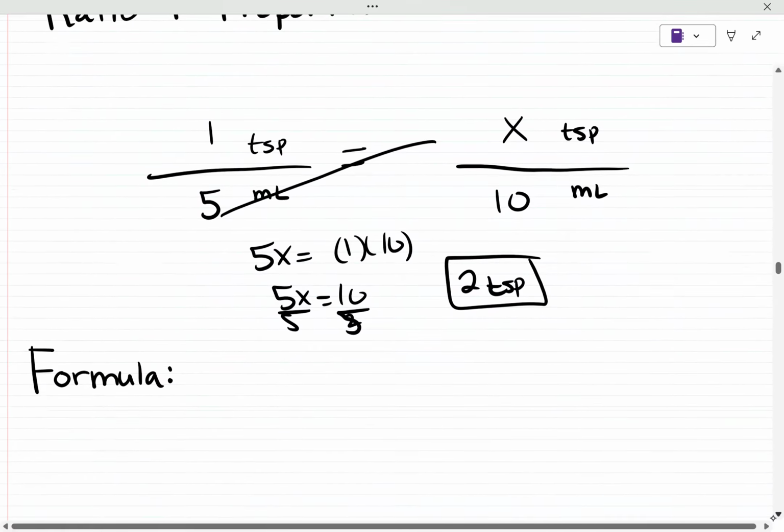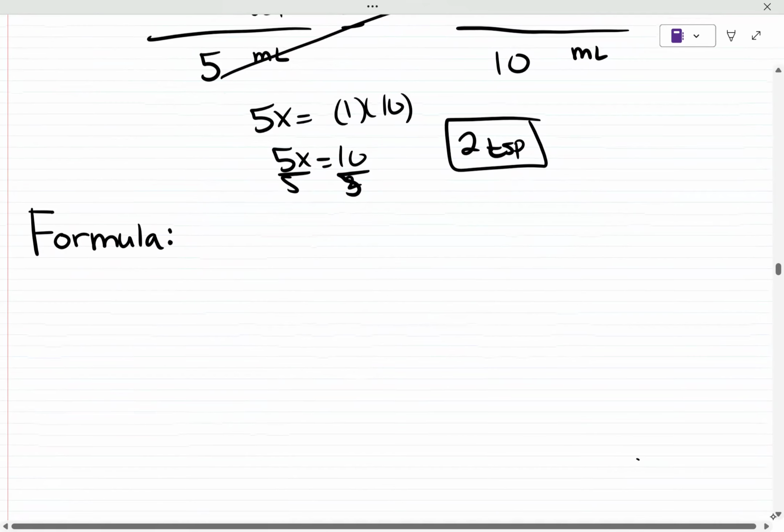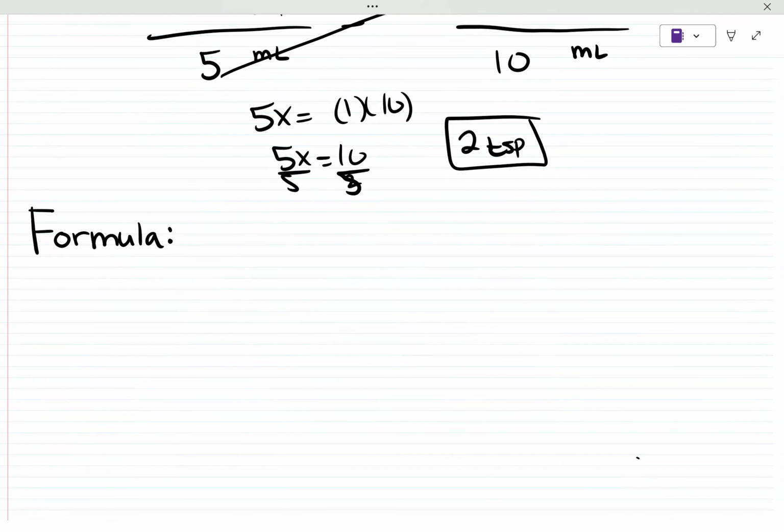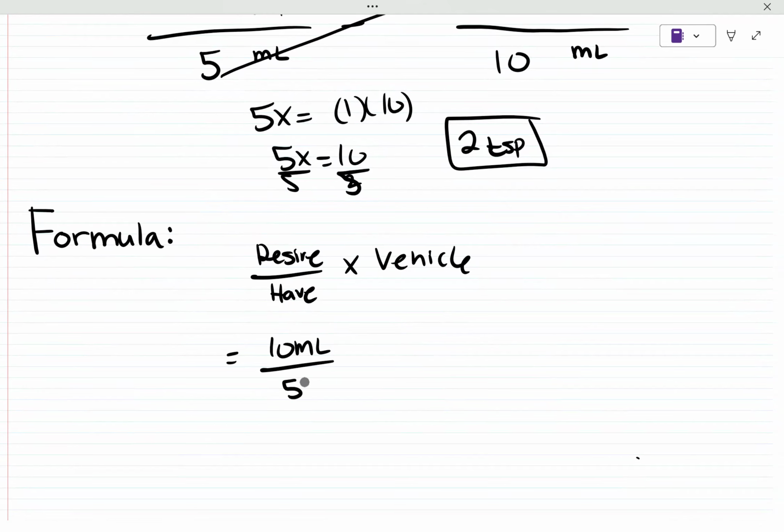Okay, formula. So the formula is desire over have times vehicle. My desire is 10 milliliters, and our have was 5 milliliters, right?